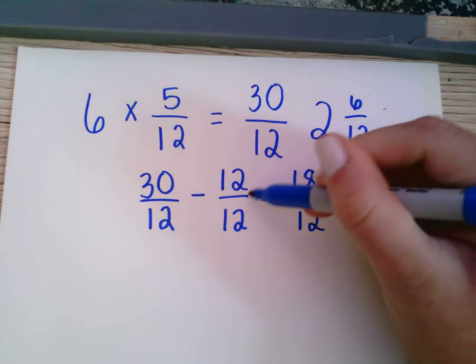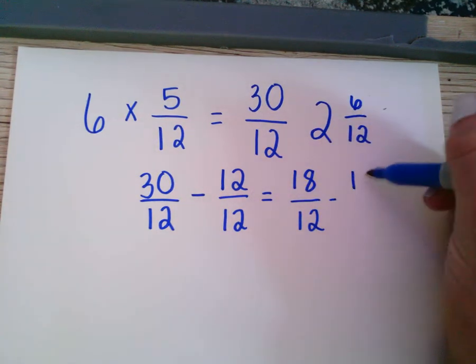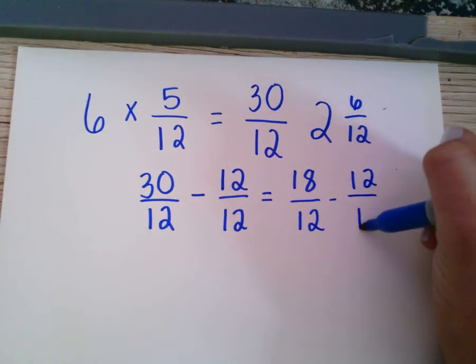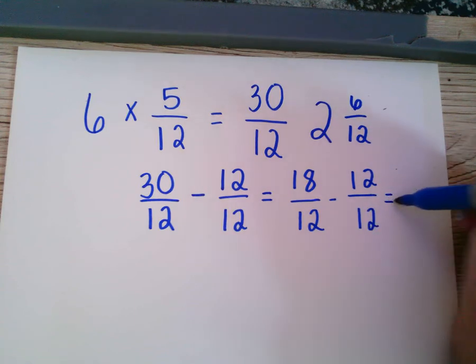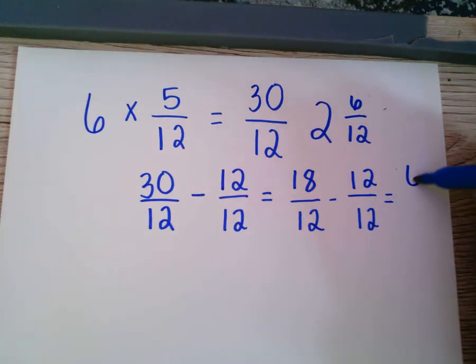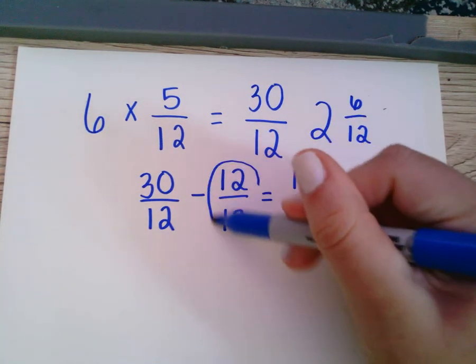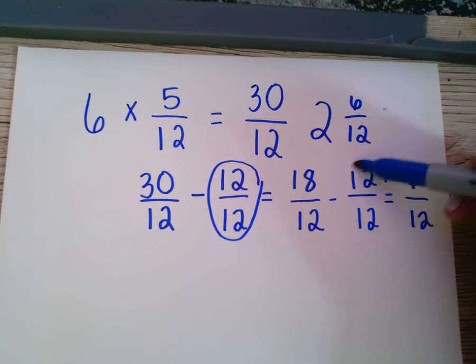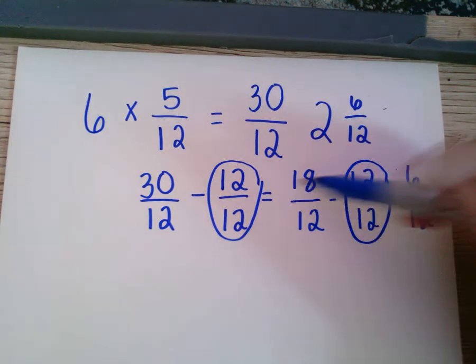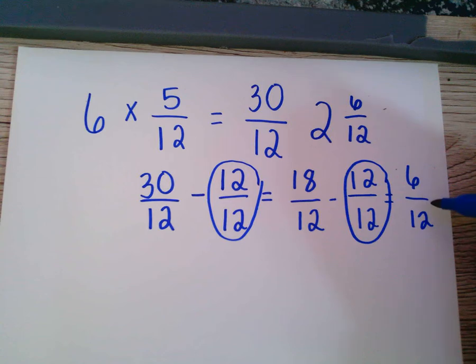I can still pull out a whole 12, which leaves us with 6 on top, 12 on the bottom. So my whole 2 came from one whole 12 and one whole set of 12. There are my 2 sets of 12 with 6/12 left over.